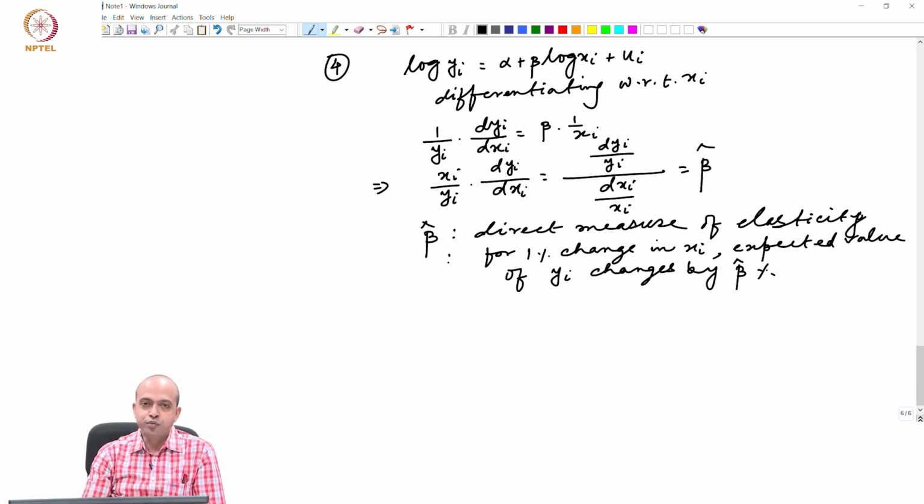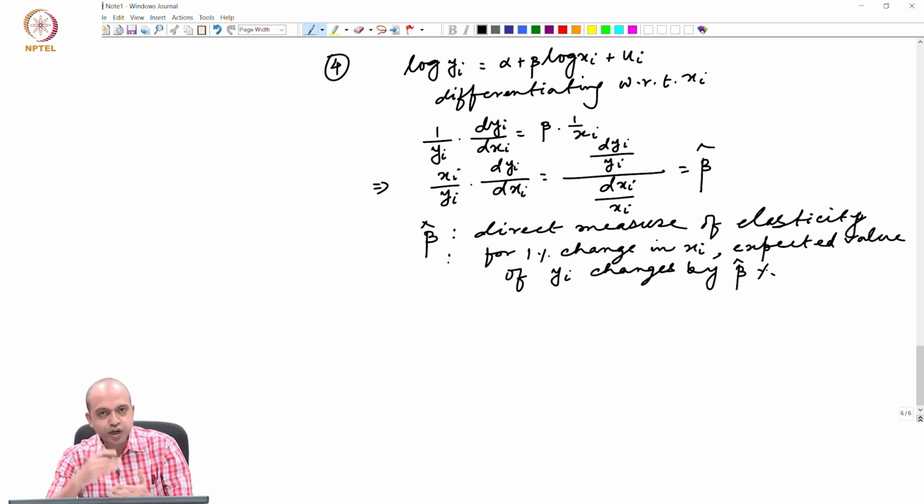This is the interpretation of beta hat. So, these are the four alternative models. The first model is linear, both y and x are linear, and the interpretation is simple, which you have already learned. For a unit change in xi, on average yi changes by beta hat amount. What we did was apply the same interpretation in all these models, and then at the end derive the actual interpretation of beta hat in the log transform model.